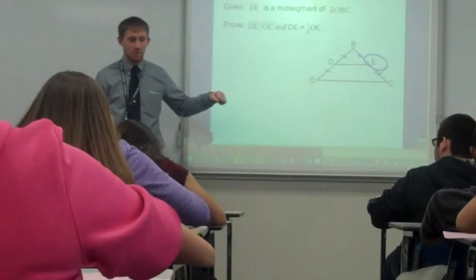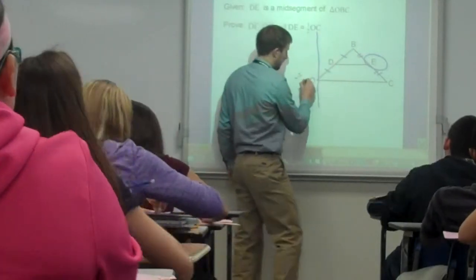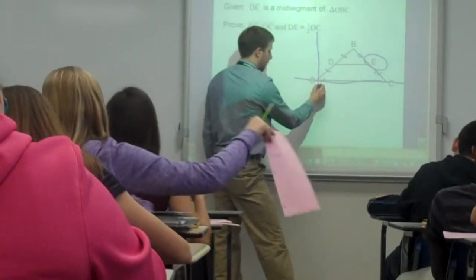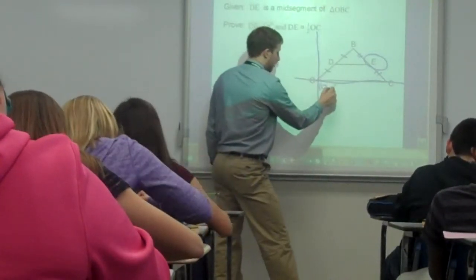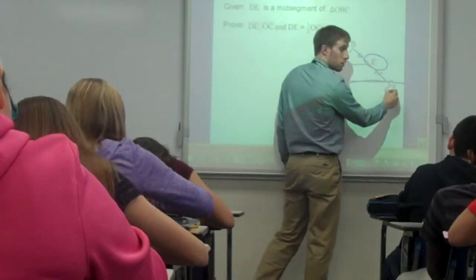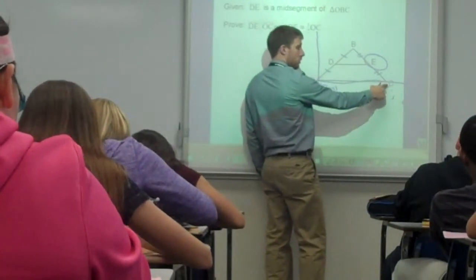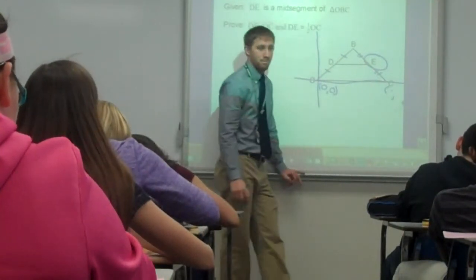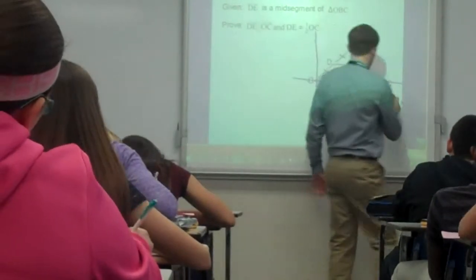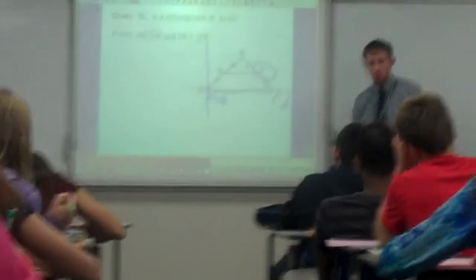Right? So I can put this in a coordinate plane. Just like this. What is this coordinate? 0, 0. What is this one? Where's C at? It's 0 in the Y. What about the X?